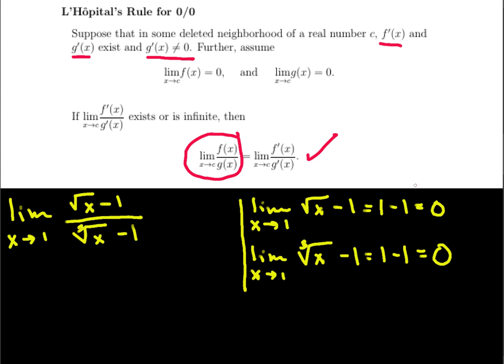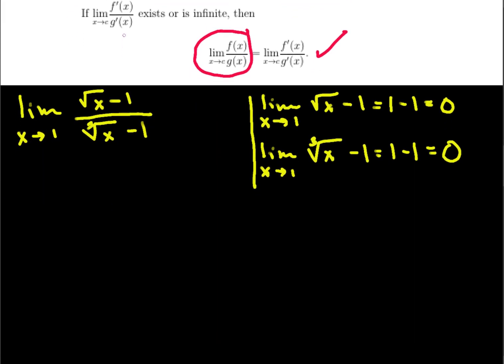So we meet the requirements of L'Hopital, that the limit of the numerator is 0 and the limit of the denominator is 0. Then L'Hopital's rule says, well, let's look at their derivatives. Let's investigate their derivatives, and maybe that will help us with this problem.